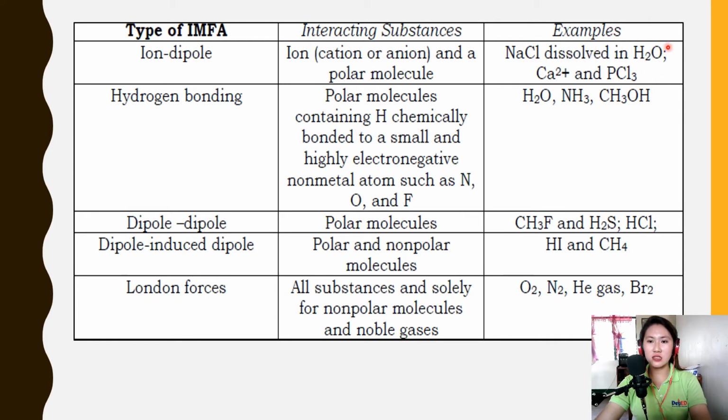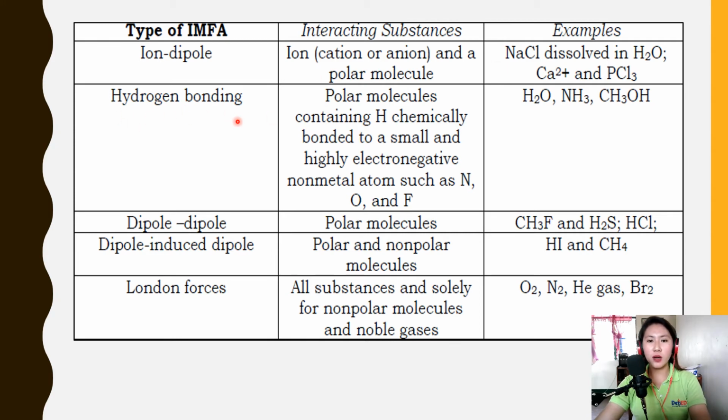So this is an example of ion-dipole intermolecular forces of attraction. Another is Ca2+, which is the ionic molecule, and it interacts with PCl3, which is a polar molecule.